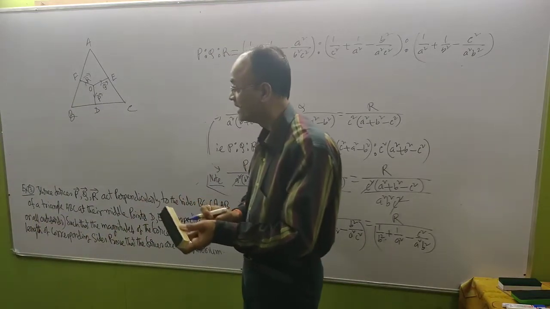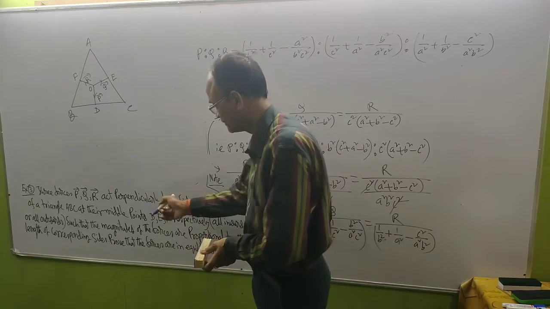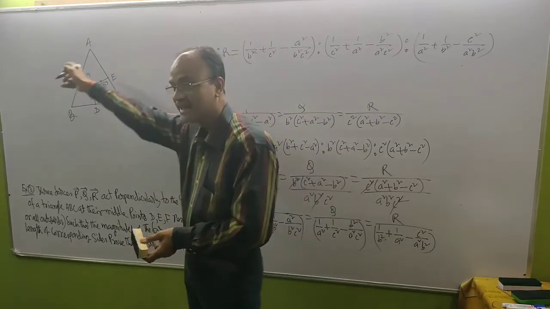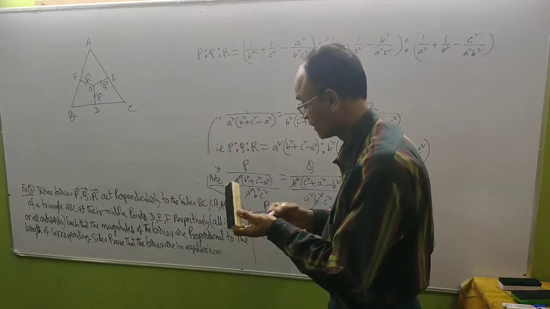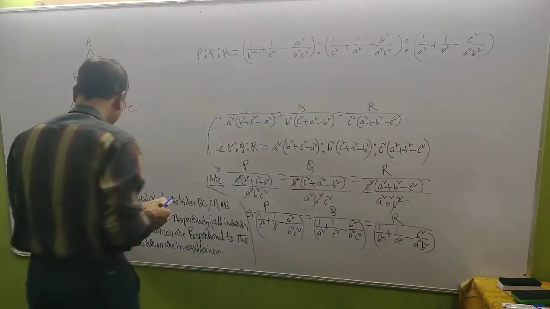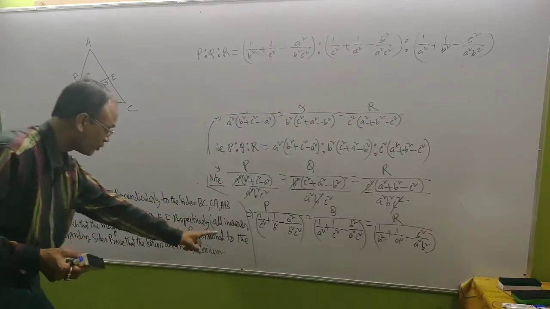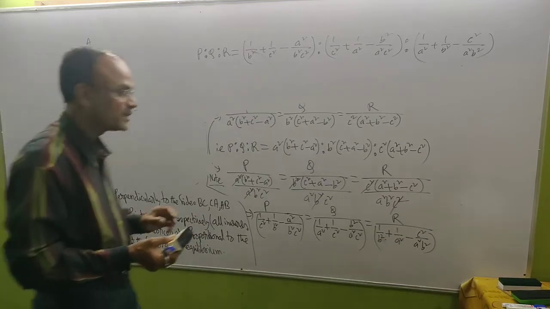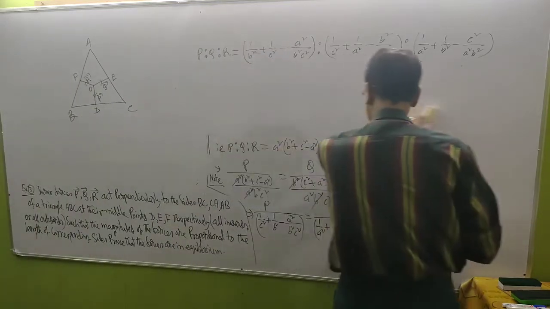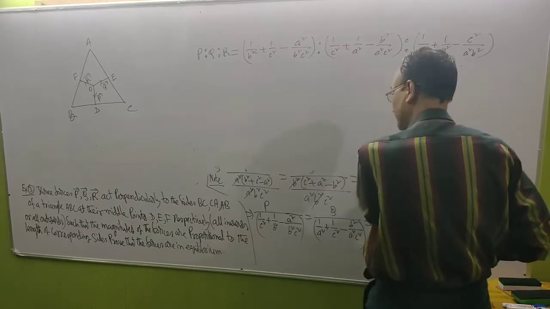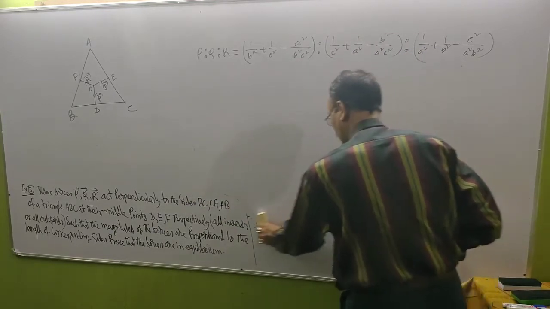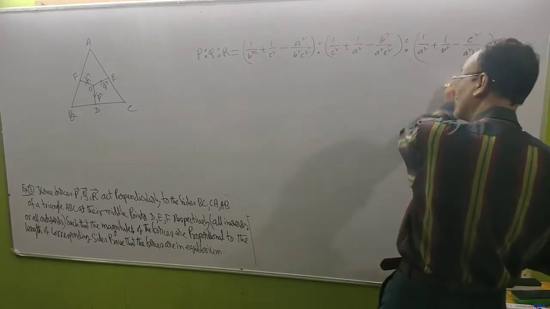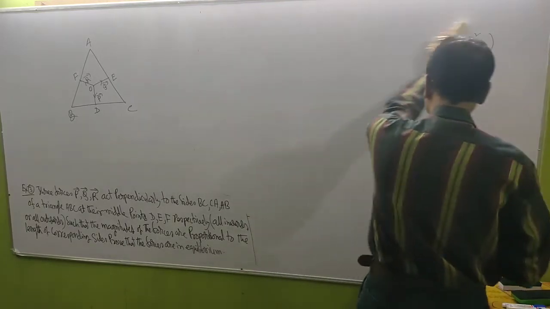As shown in the figure, D, E, F are the middle points of BC, CA, and AB respectively. And you are also given that the magnitude of the forces are proportional to the length of the corresponding sides.